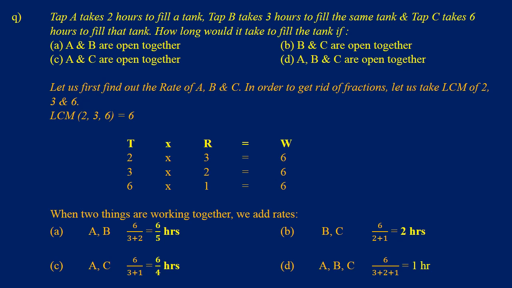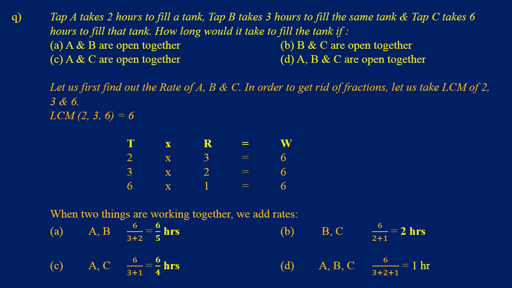Tap B fills 2 gallons every hour, which means it takes 3 hours to fill the entire tank. In case of C, 6 times 1 is 6. Tap C can fill 1 gallon every hour. Now you see, if we had assumed the work to be 1, our calculations would have involved fractions.